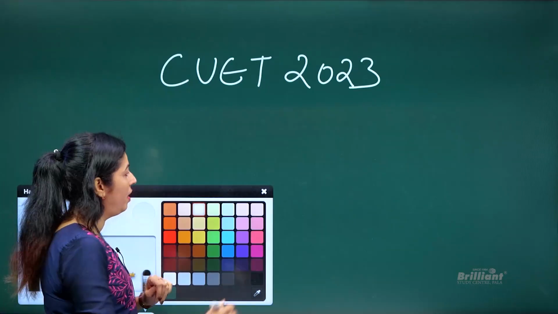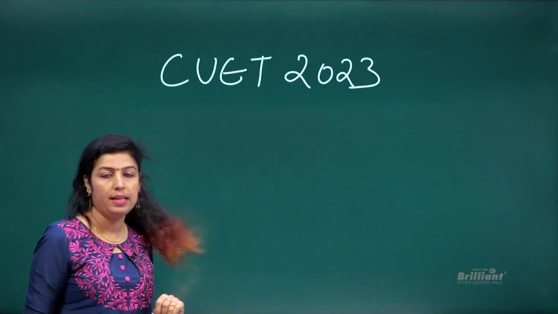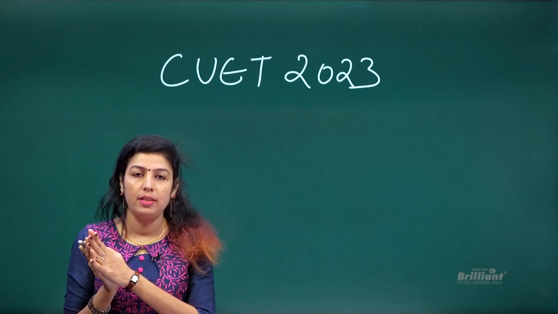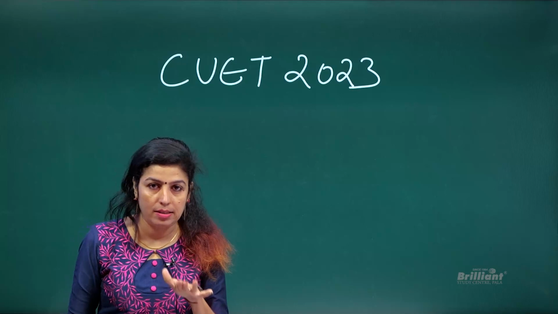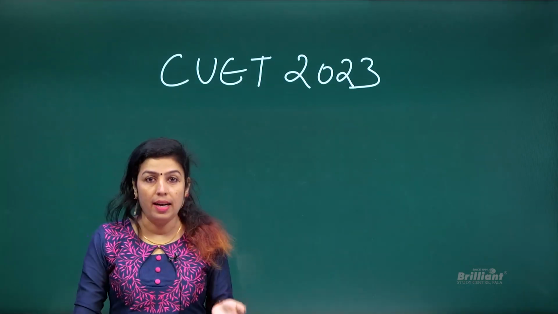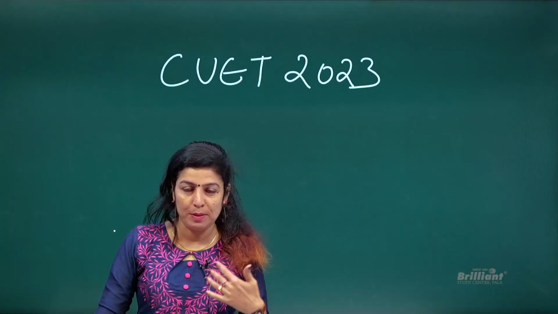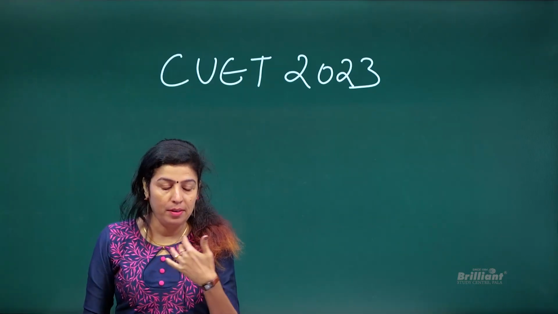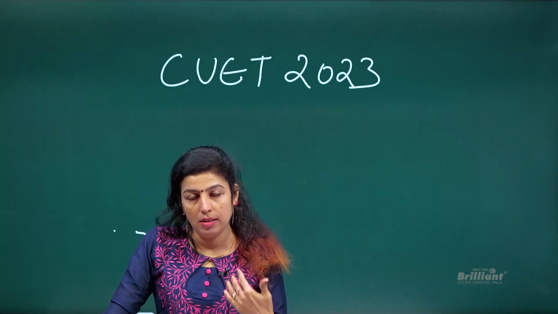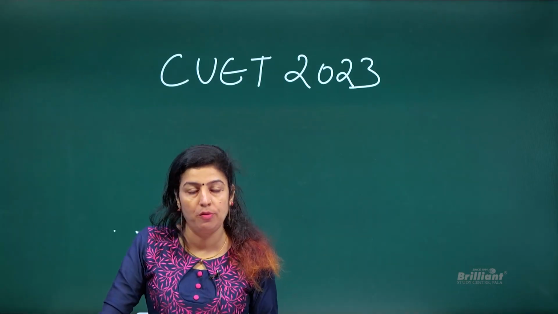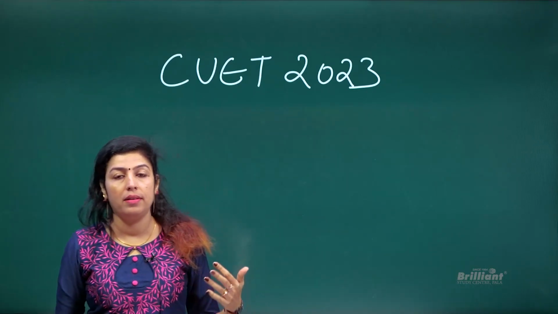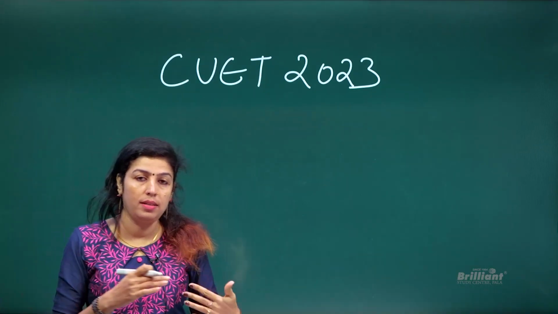For the subject English, it's really easy to score marks, unlike other subjects. Why? Not because it's my subject, but for other subjects you need to learn and memorize a lot of things beforehand, and only after that can you attend the exam.